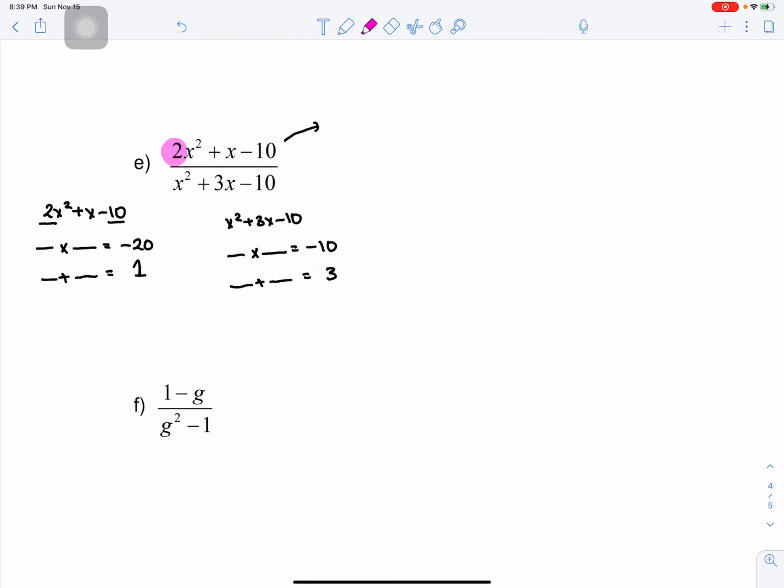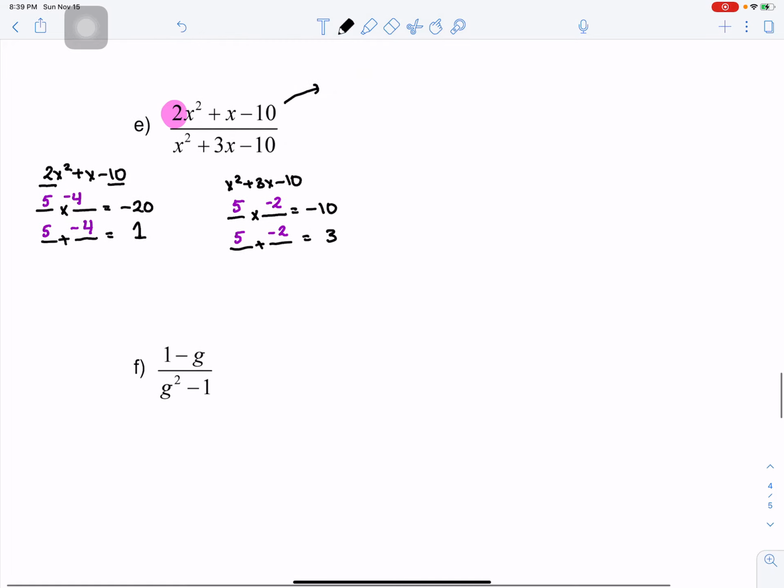So I think of my two numbers that do that. Be very careful. Positive 5 and negative 4 multiply to negative 20, and 5 minus 4 is 1. In this case, 5 times negative 2 is negative 10, and 5 plus negative 2 is 3. So now I'm ready to do my swing method. Again, the swing method might feel the easiest in this case.